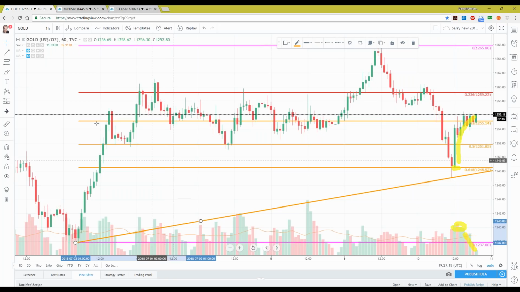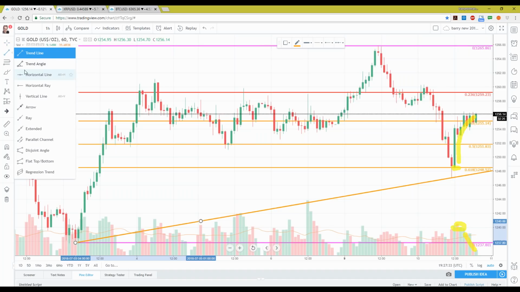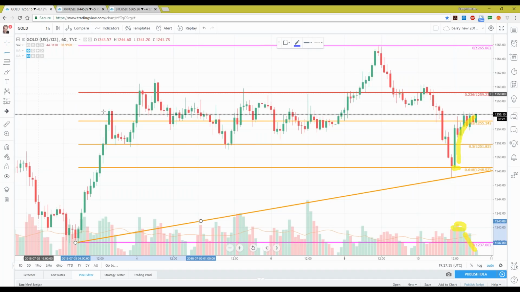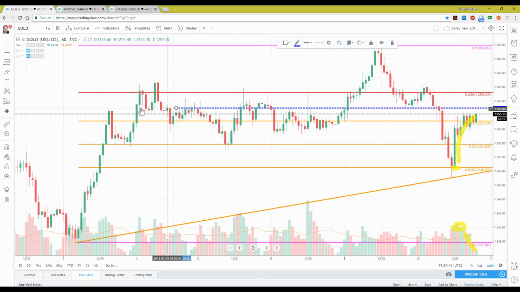Now we can also take a look using eyeballing. So price is right here, and if we were to look for some significant highs and lows, there we have the next resistance level.